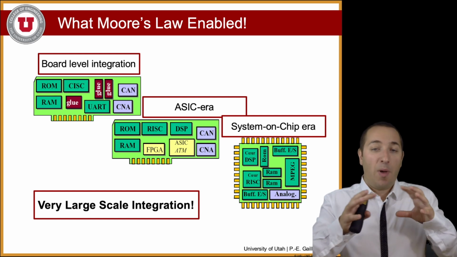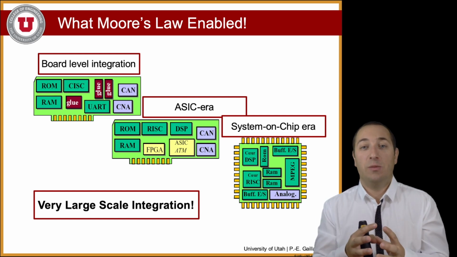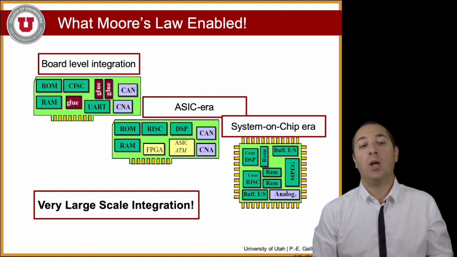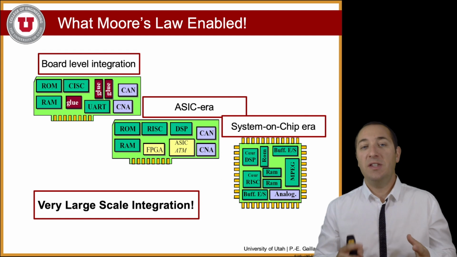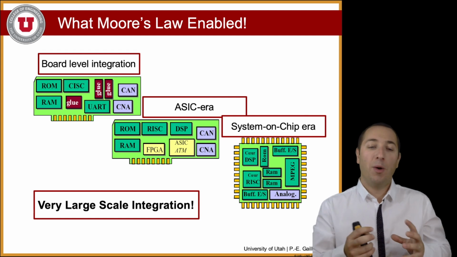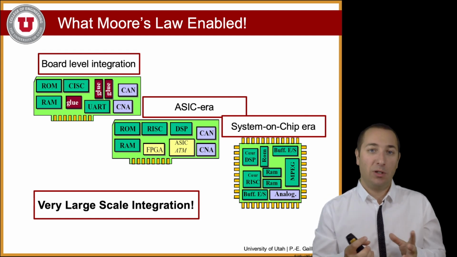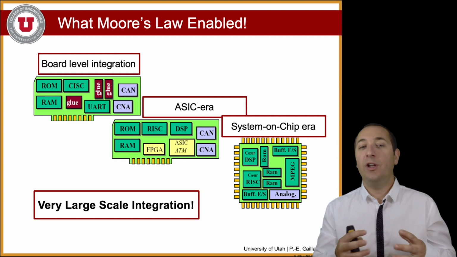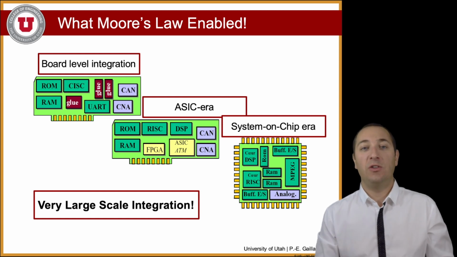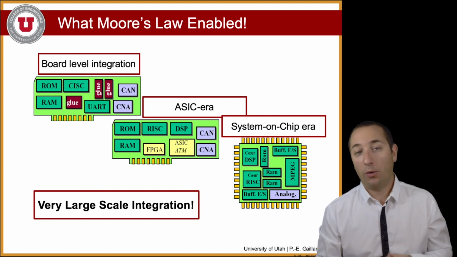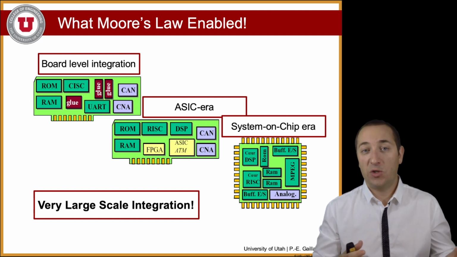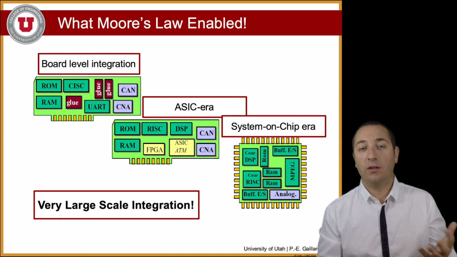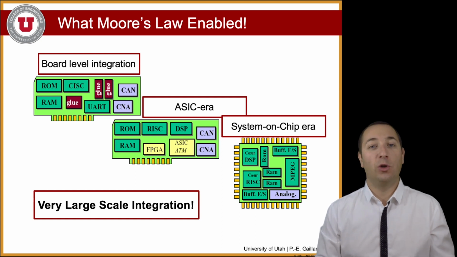Since then, with the capability to integrate more and more systems on a single chip, we moved from board-level integration to the ASIC era. The ASIC era was to have more complex systems available on a chip, but still requiring to put all those functionalities together at the board level. I was, for example, putting a RISC processor with a DSP coprocessor and an FPGA, for example, to replace the glue logic.